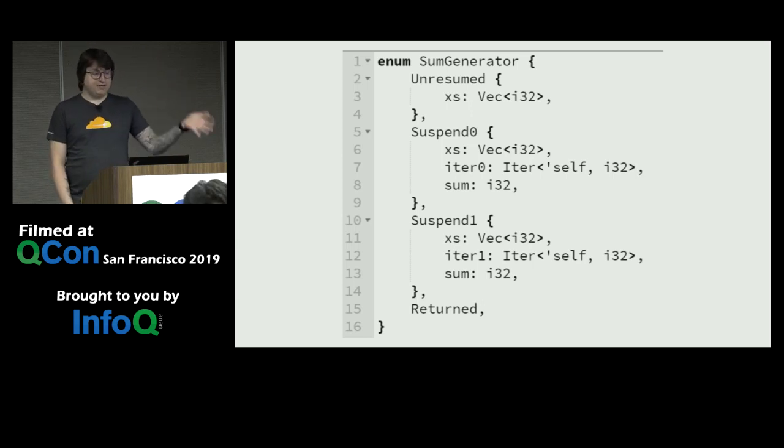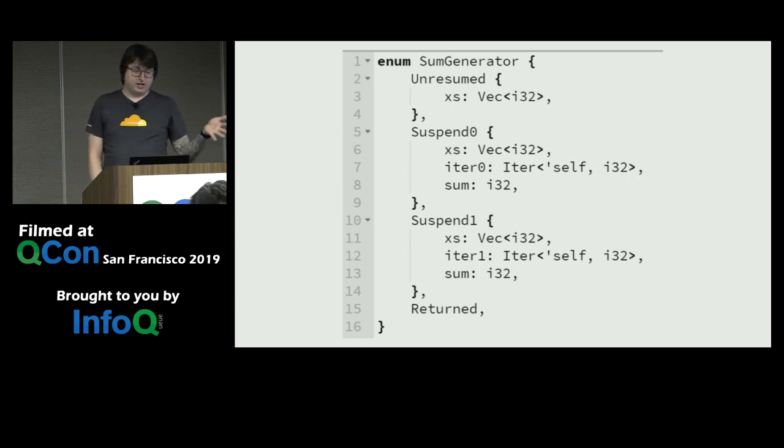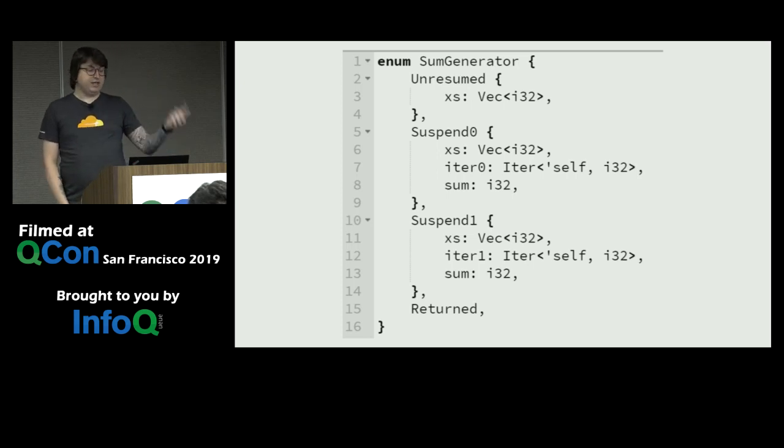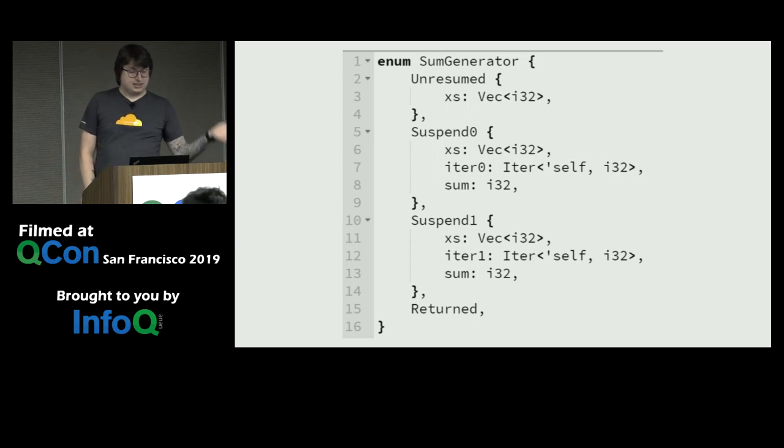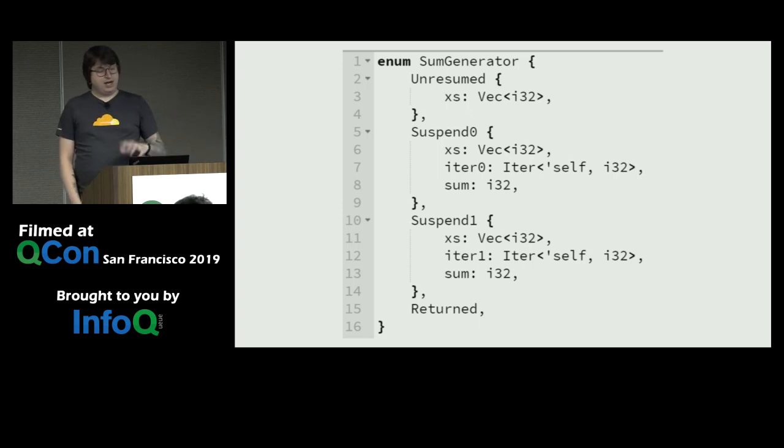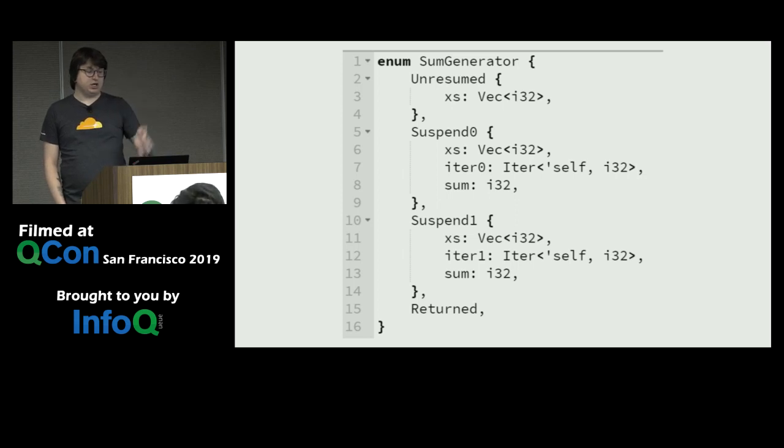And so now we still have our vector of integers, but we also have that iterator, and we have the intermediate sum. And then after we totally exhaust that, we move into the suspend 1 state, and that means similarly, we need the list that exists and the iterator that's going backwards now, and the current sum state. And then finally, once this computation is done, there's this return state here.